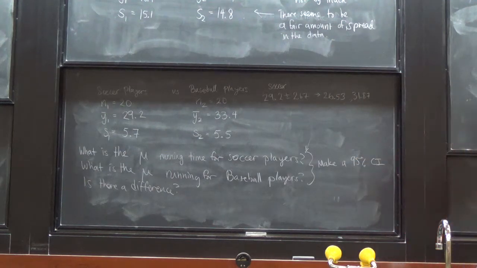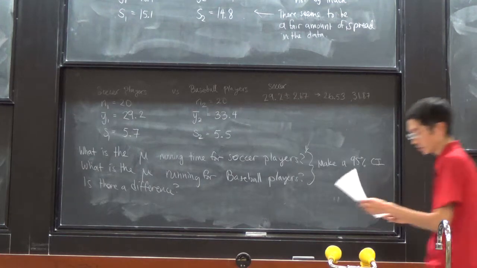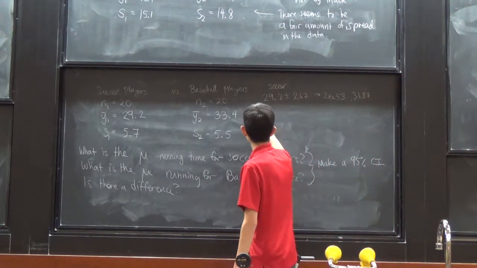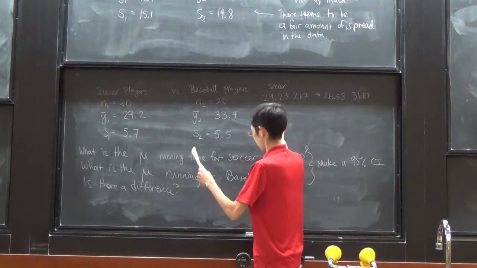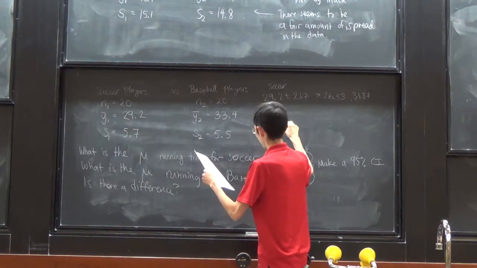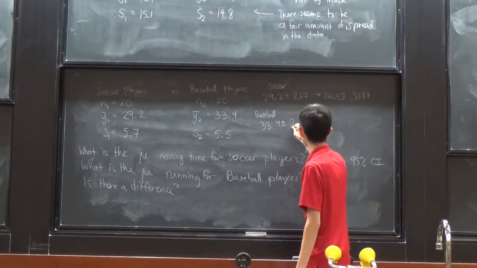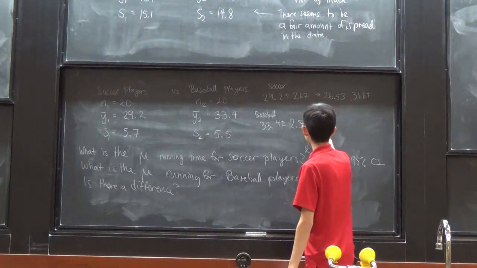Is that right? And over here I have 33.4 plus or minus 2.57.